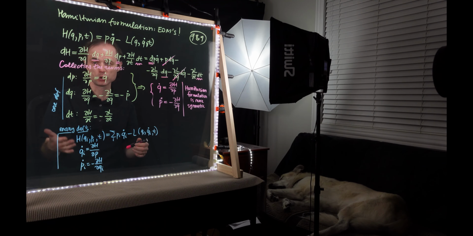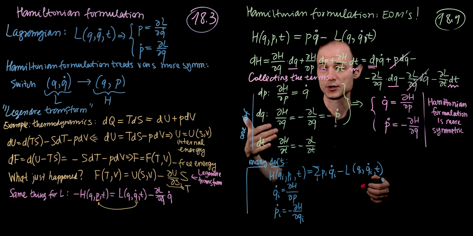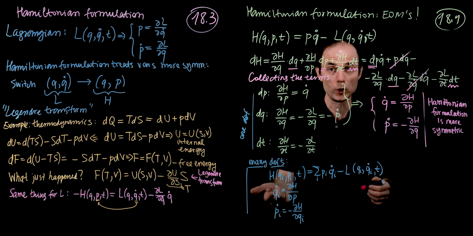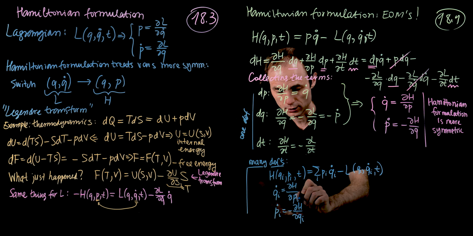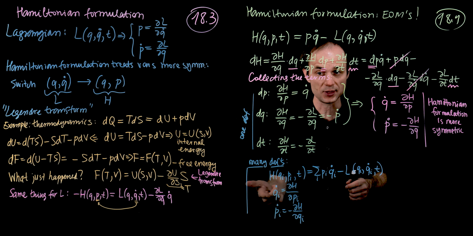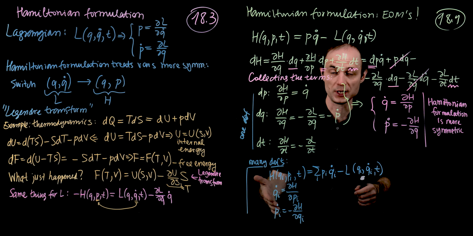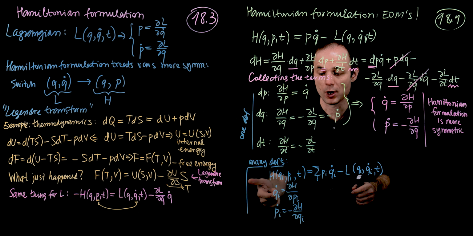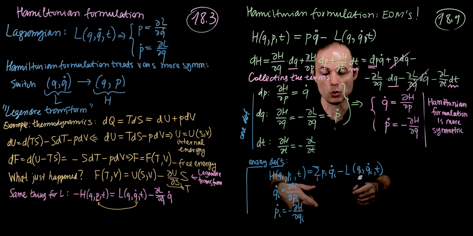Finally, the equations of motion for q_i and p_i carry over from the single variable case. All we do is add an index i on both sides of the equation. So the equation of motion for the ith coordinate becomes q_i dot is equal to dH/dp_i, and the equation of motion for the ith momentum takes the form of p_i dot is equal to minus dH/dq_i.